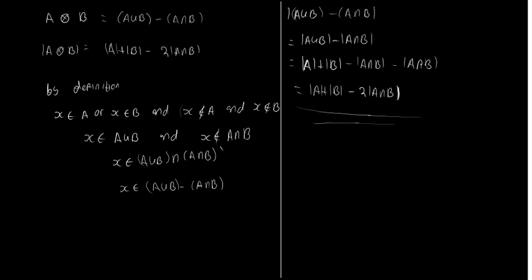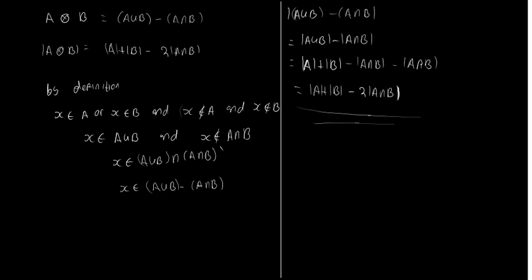If we're counting elements in a union, we don't want to count the elements in the intersection twice. That's why we subtract the intersection when we're splitting up the union.